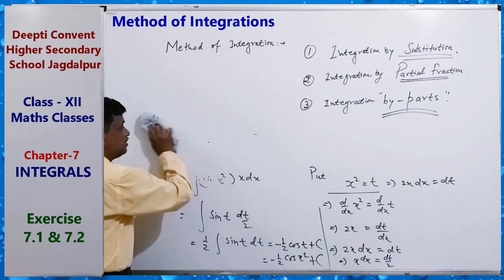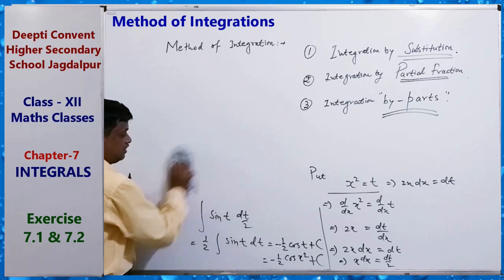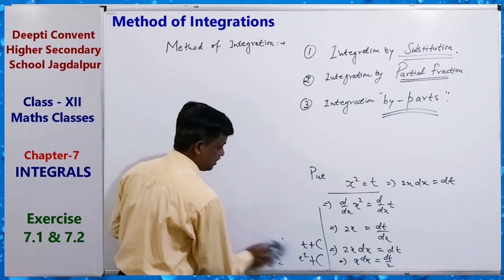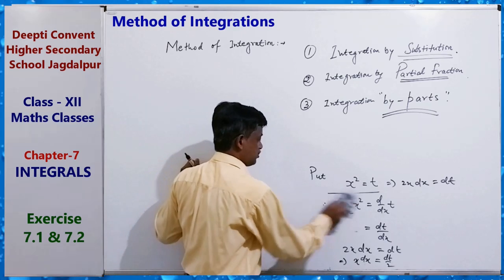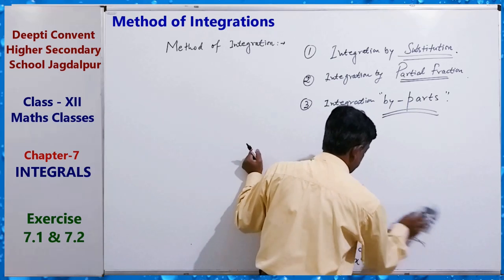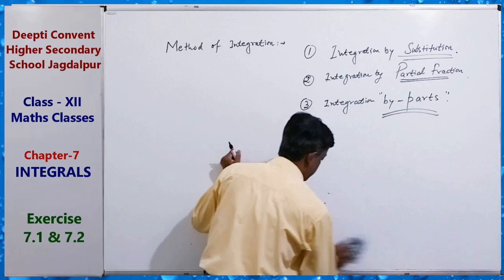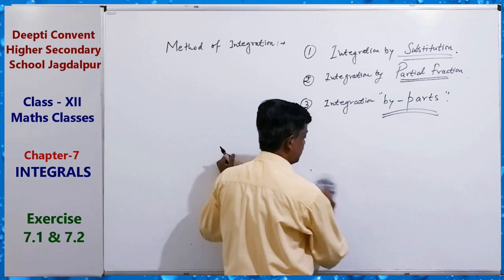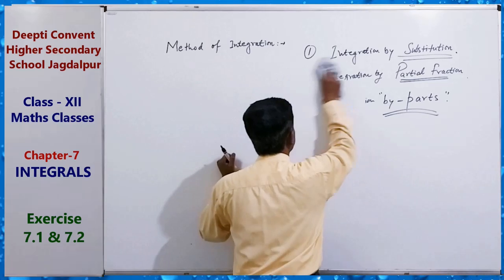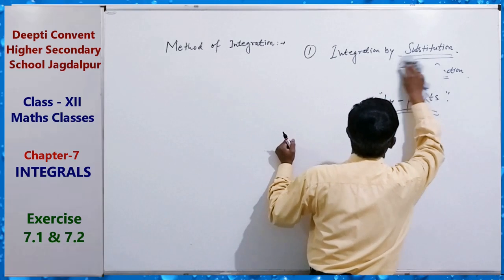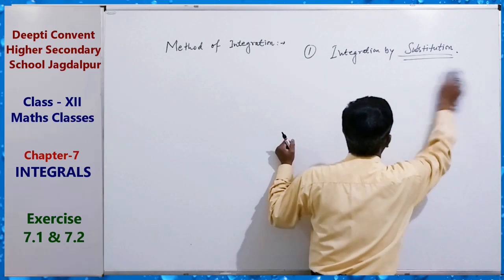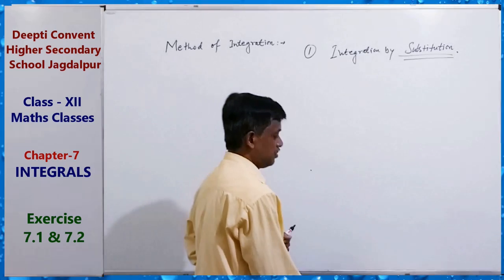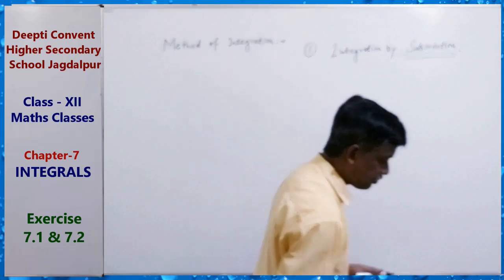This type of method is known as the substitution method because we substitute t in place of x square. This is a very important part to begin doing integration. First method: integration by substitution.